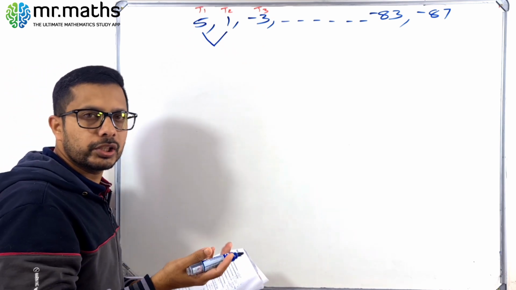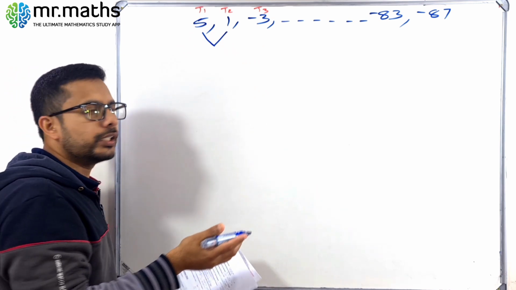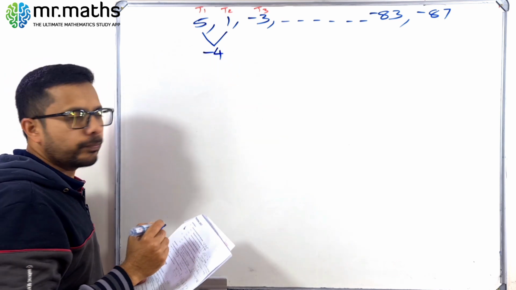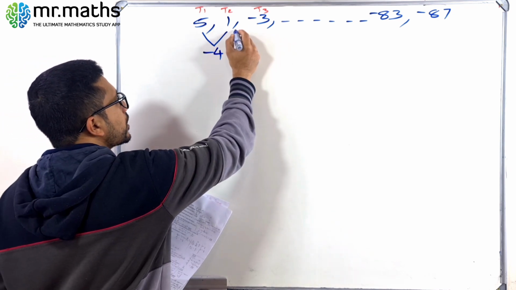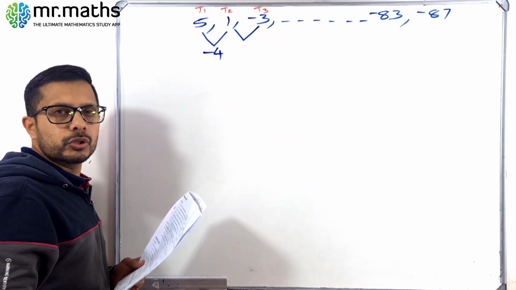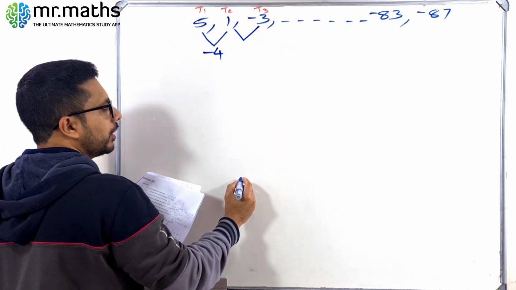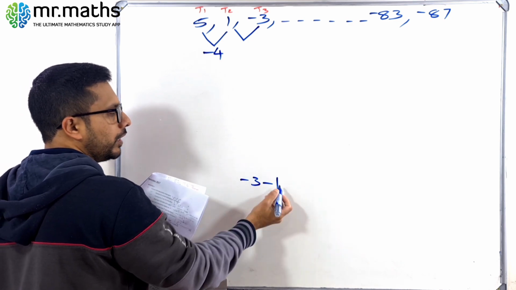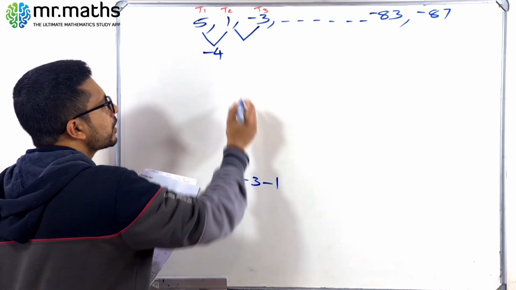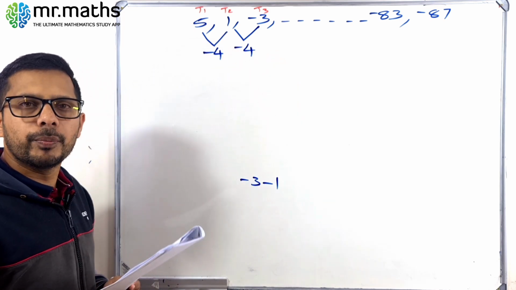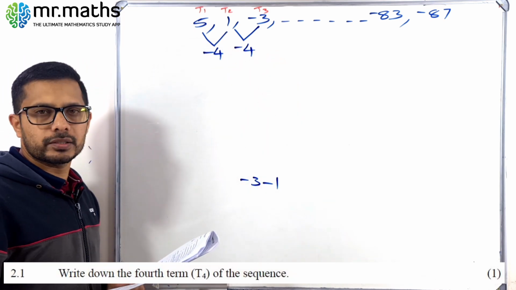If you don't know, you can check in your calculator. 1 minus 5 is minus 4. Now just check once more. T3 minus T2, you are supposed to get the same answer. Minus 3 minus 1, that is also minus 4. So now you can see that the common difference is minus 4.